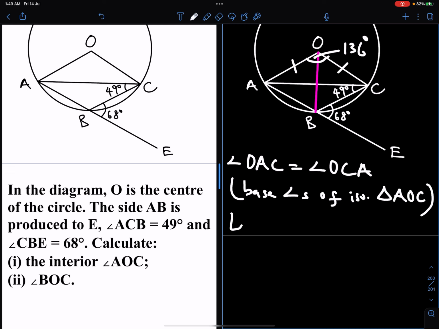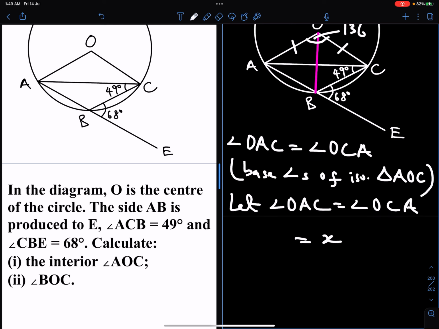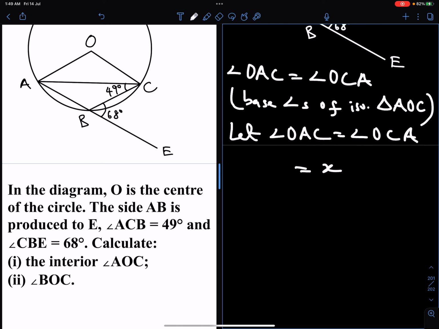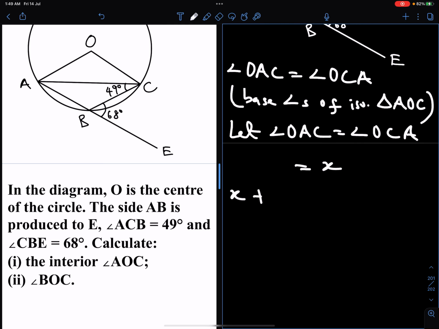Now when angles are the same, you can use the same algebraic term to represent them, so that it will be easy for you to find them. Let angle OAC, which is equal to angle OCA, be equal to x. So that means in triangle AOC, x plus 136 degrees equals 180 degrees.